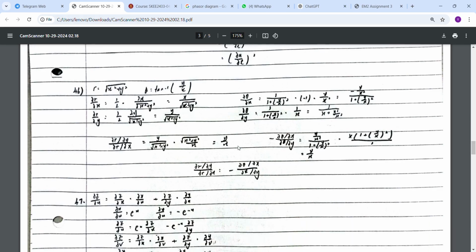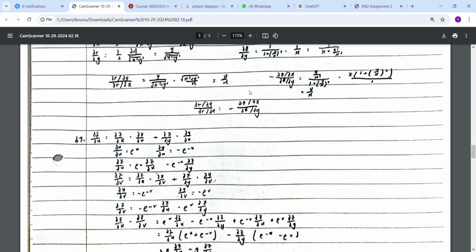Then we can prove that the answers are equal, which is y over x.